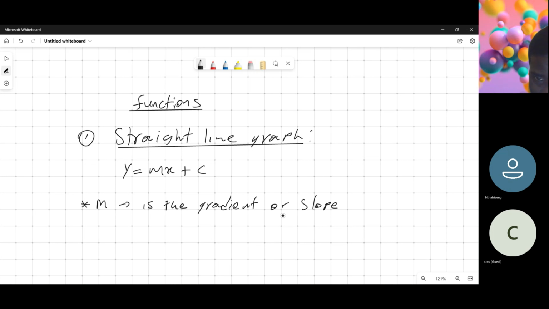So m is the gradient or slope, or the coefficient of x.